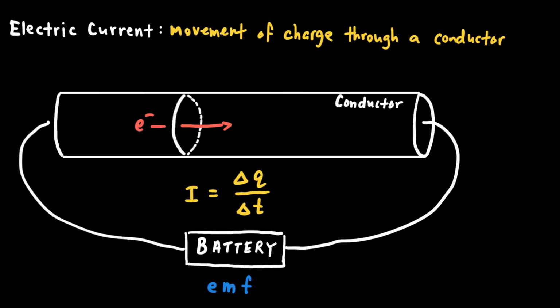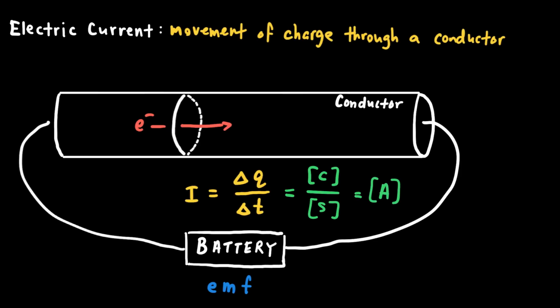Looking at the equation for current, the charge would be measured in coulombs, and the time measured in seconds. But instead of writing coulombs per second for the units for current, we will instead write units of amps.